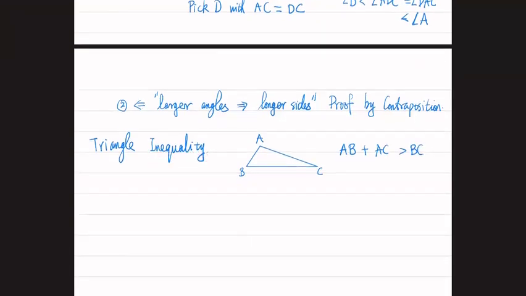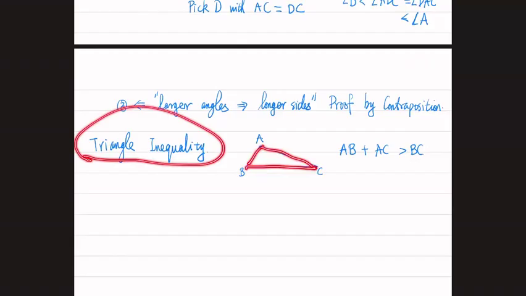Even though the third side may be longer, the sum of the two is always bigger. This is called the triangle inequality. It's about the relationships between the three sides of the triangle.